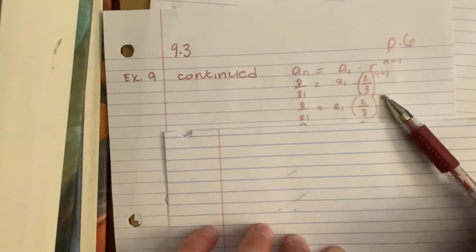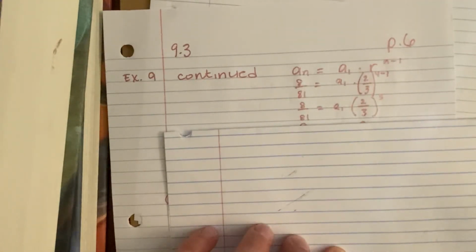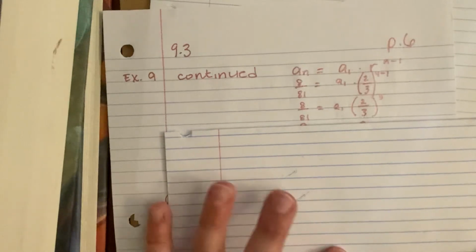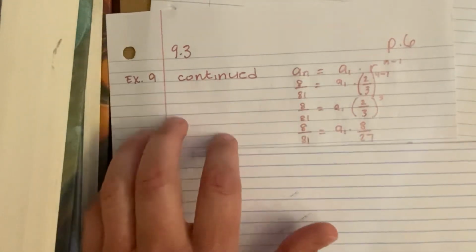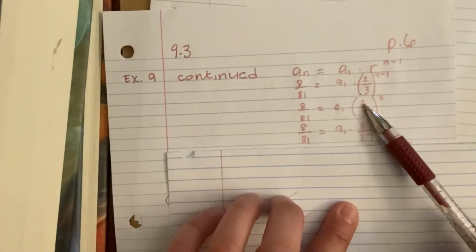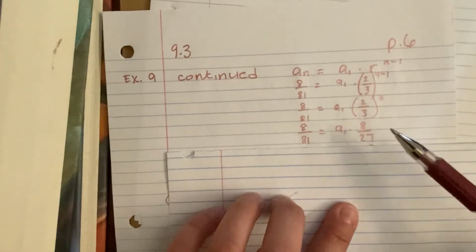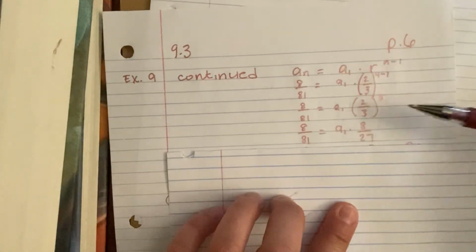Four minus 1 gives us an exponent of 3. I'm going to cube the 2/3. So 2 cubed gives us 8. 3 cubed is 27.